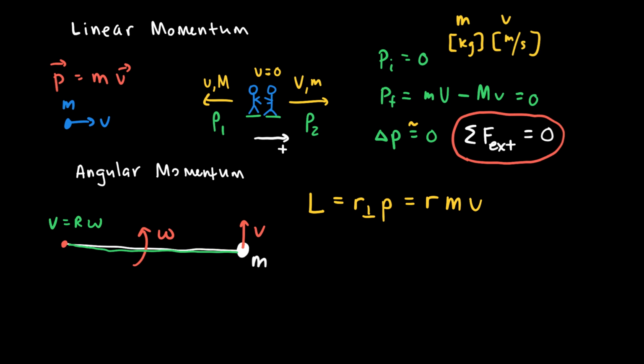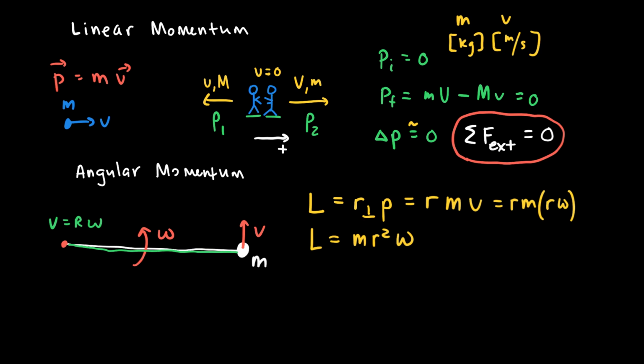So I'm going to substitute in on the right side now. We'll have r times m times v, where v is equal to r times omega. So that could be rewritten as m r squared omega. And a part of that should look familiar to you because m r squared is the equation for the moment of inertia of a point mass, right?